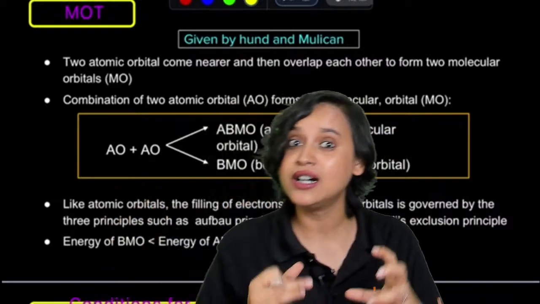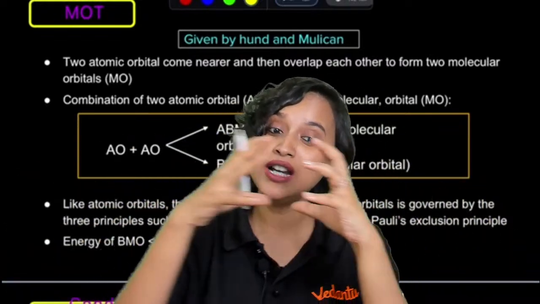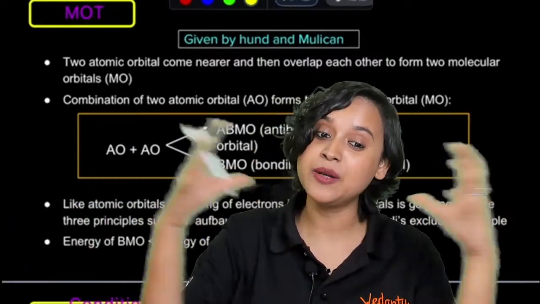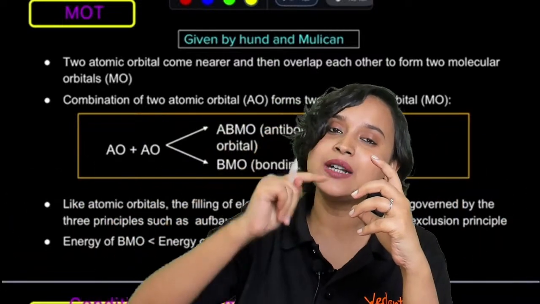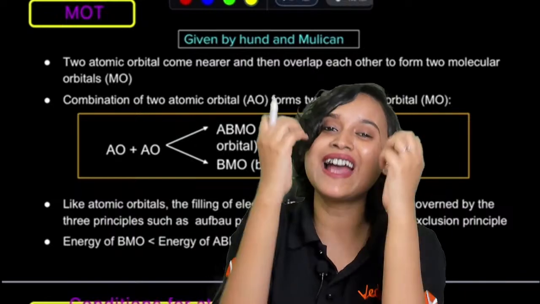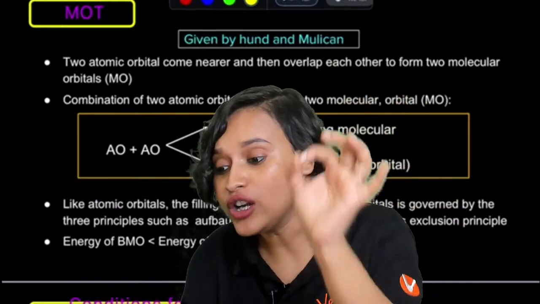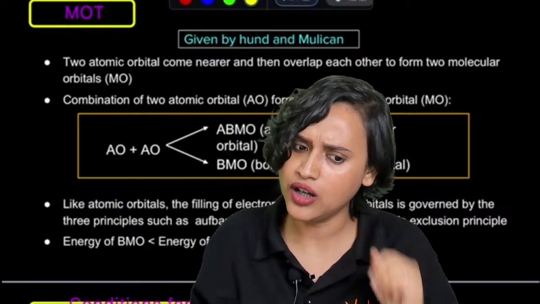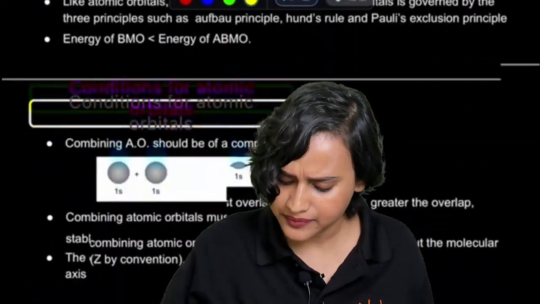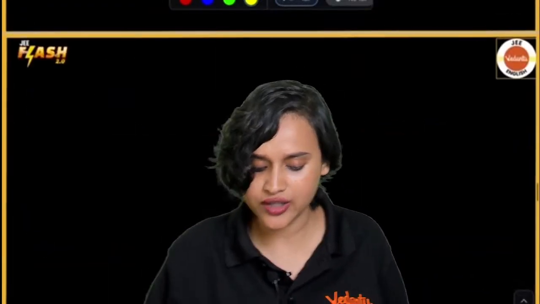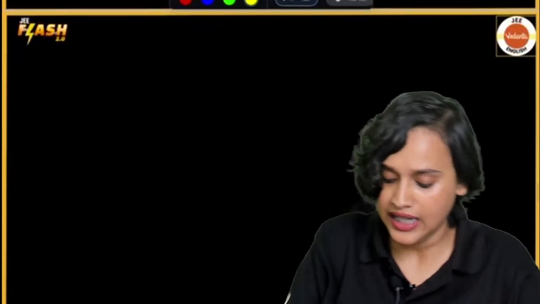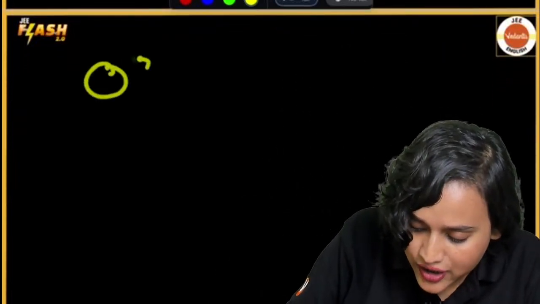Do you remember that when they overlap, the merging has happened, right at the point where they are overlapping, the electron density is maximum. Do we all agree?